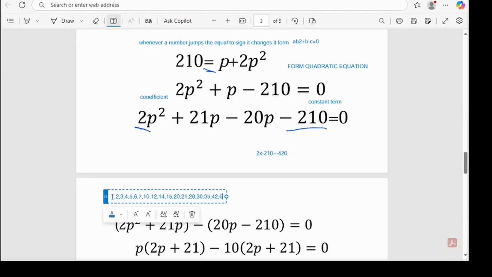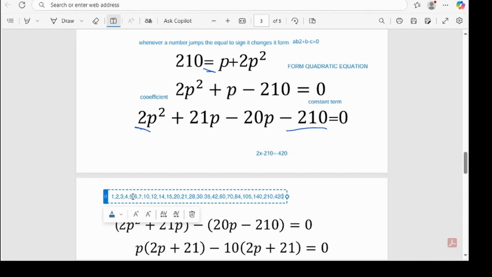60, 70, 84, 105, 140, 210 can also go into negative 420, and 420 itself can also go into negative 420, right?